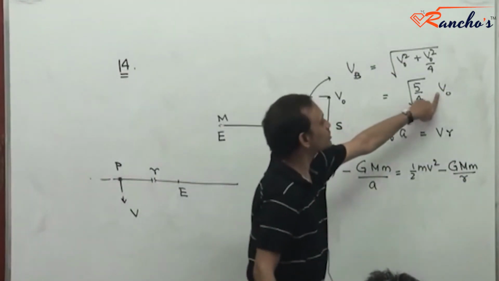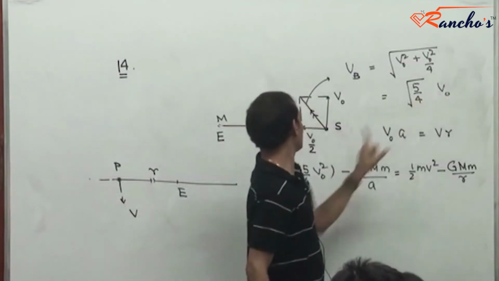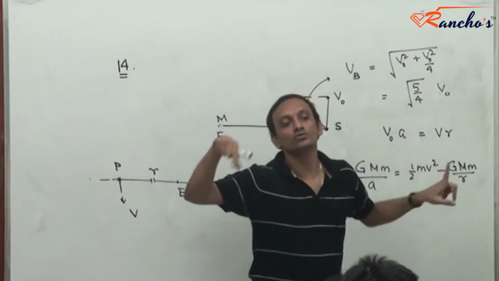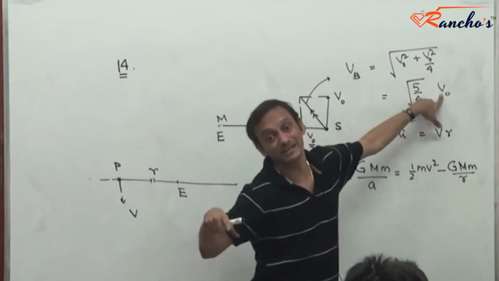Eventually, in your final computation, this v0 you can plug in as root GM by A, the orbital speed.